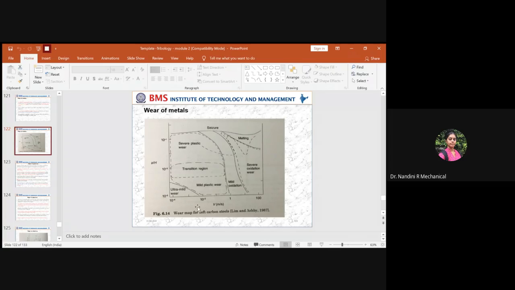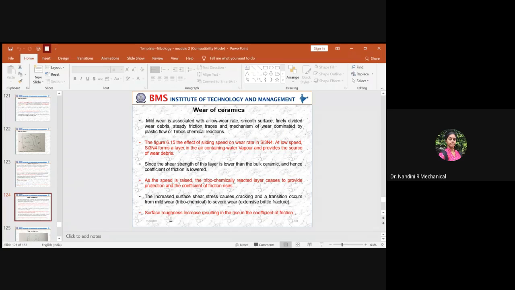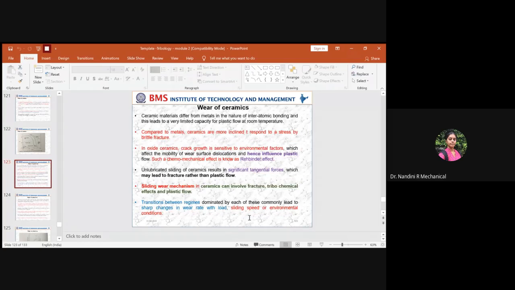So by reading this map, you can know the range you can apply. Similarly, it is spoken here in case of ceramics, right? So based on the sliding speed you apply, and based on the load, with respect to environmental condition, the wear rate will be designed. So depending upon the wear rate, the transition region also changes.